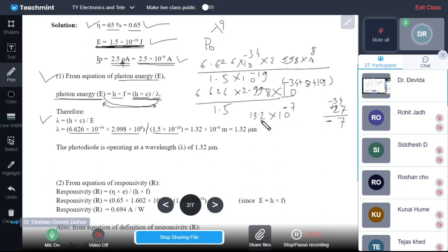13.2 into 10 raised to minus 7. If we move this decimal point one digit to the left, the exponent is reduced by 1, so it becomes 1.32 into 10 raised to minus 6. Why did we make it minus 6?